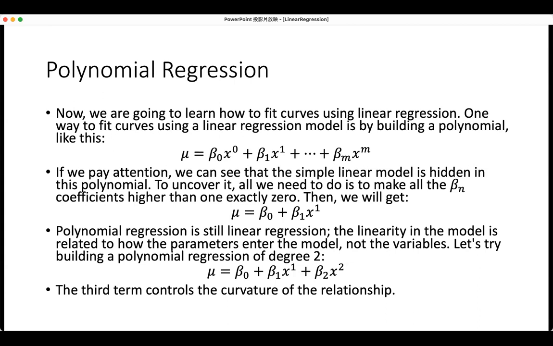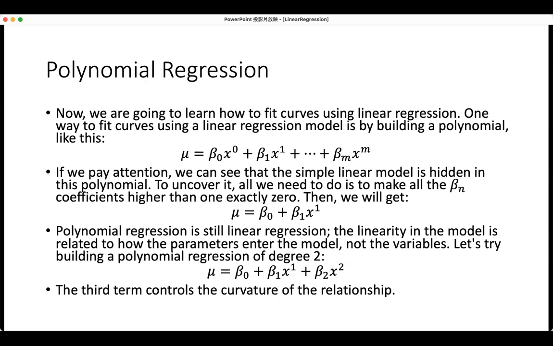So in some sense, the polynomial regression subsumes the simple linear regression. But still, the polynomial regression is still linear regression.